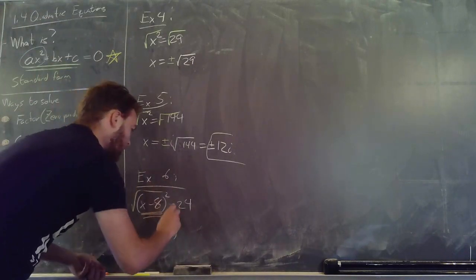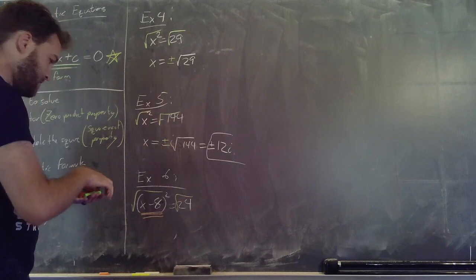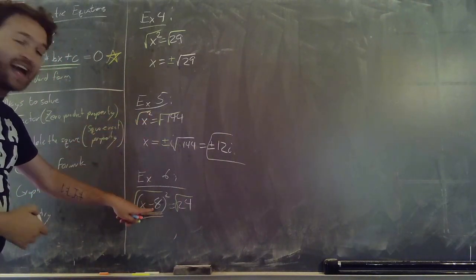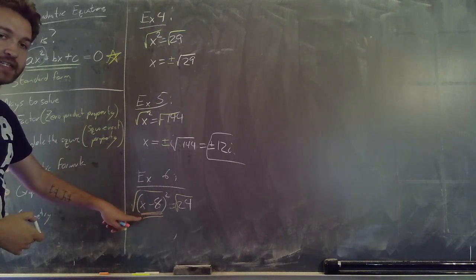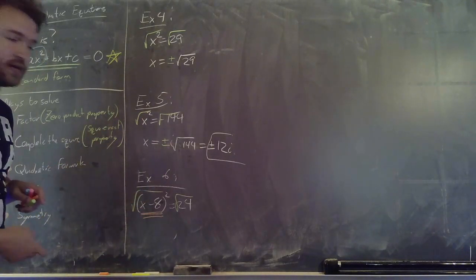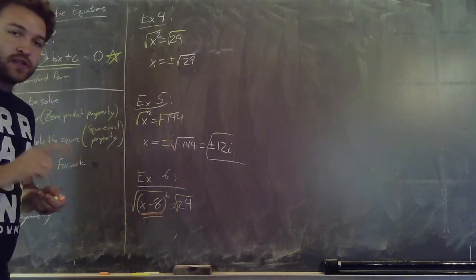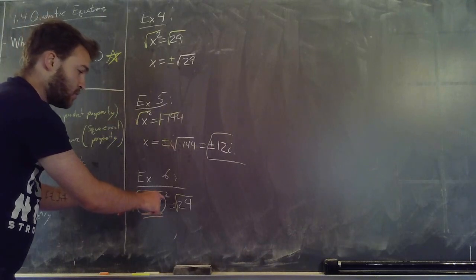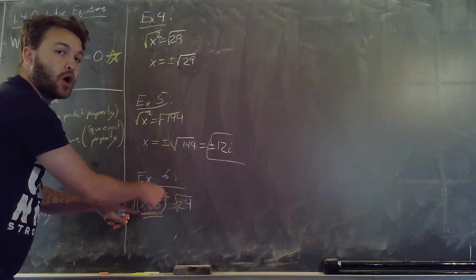As I take a square root of the left-hand side, remember the effect here was canceling the exponent out, so that's exactly what's going to happen here. It's not going to touch the x, it's not going to touch the minus 8, it's only going to cancel the exponent out. It is important to note that the only reason that this works on this example is because you have a parentheses around this and then the whole thing is squared.